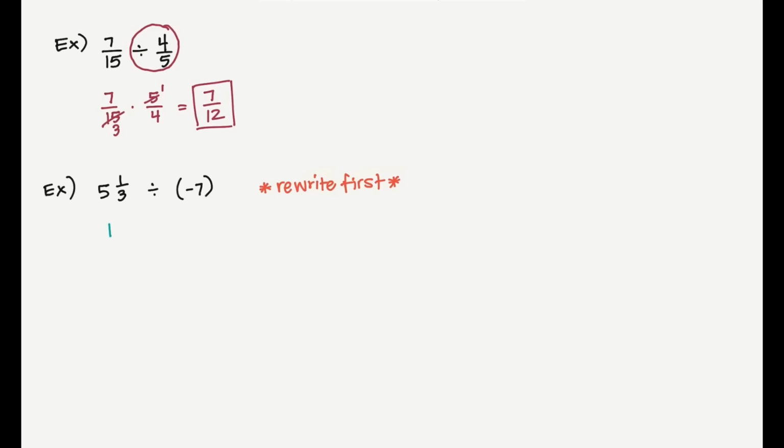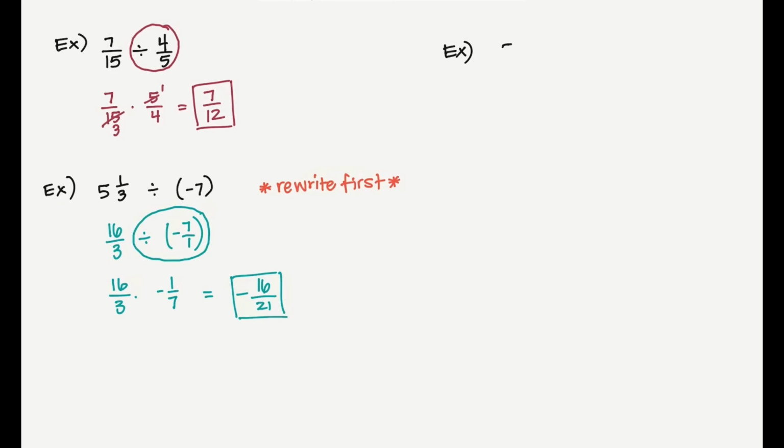So that becomes 16 over 3 divided by, and I'm going to write it as -7 over 1 because now I'm going to change that to its reciprocal. So 16 over 3 times -1 over 7. And now, like before, I can multiply straight across and I get -16 over 21 as my final answer.